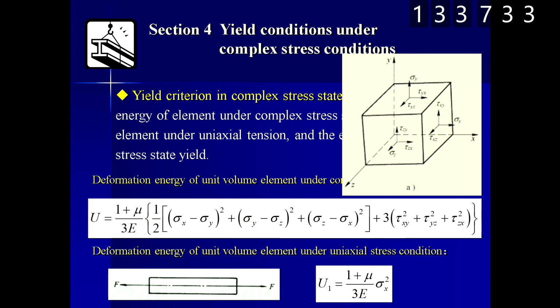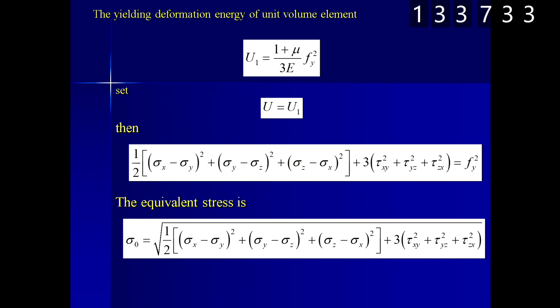This is the simplified condition. The complicated one is this equation. Okay, you just need to know this, you don't need to understand it, because it's very difficult to explain.